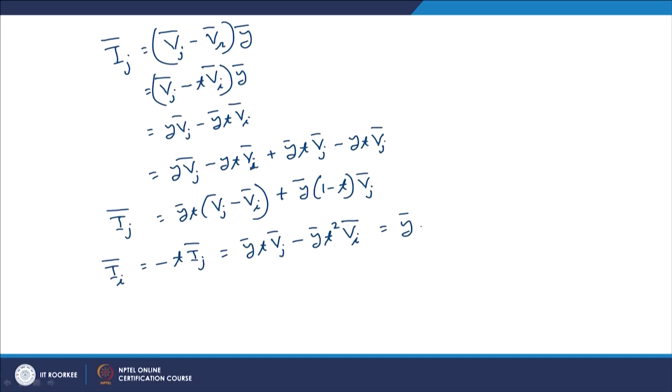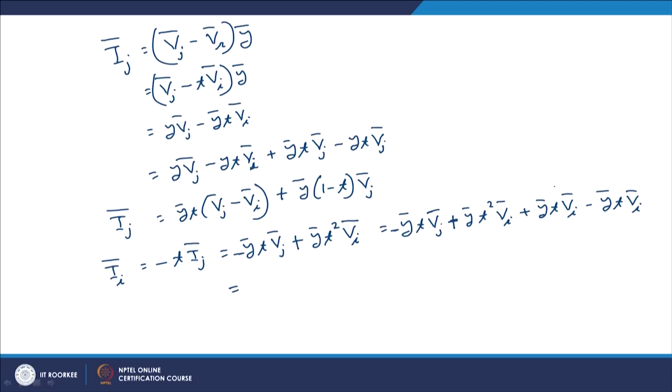So, Y T Vj minus Y T square Vi plus Y T Vi minus Y T Vi. So, now here there was some mistake. Ii is equal to minus T Ij, so it should be minus Y T plus. So, it is minus, so this is plus, and then we are adding and subtracting. So, now it is okay.